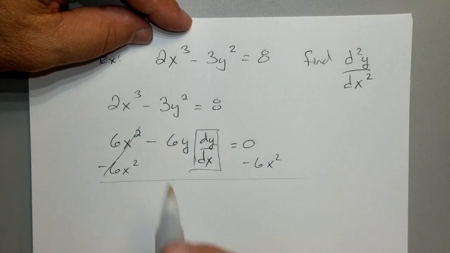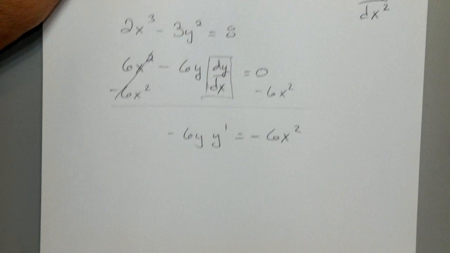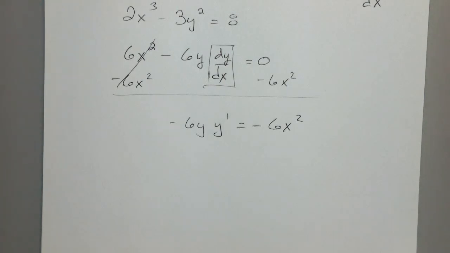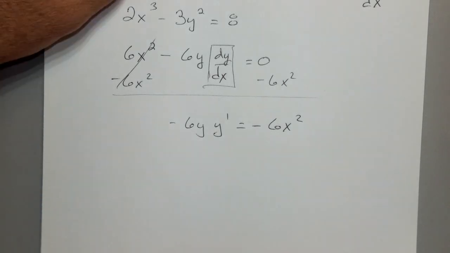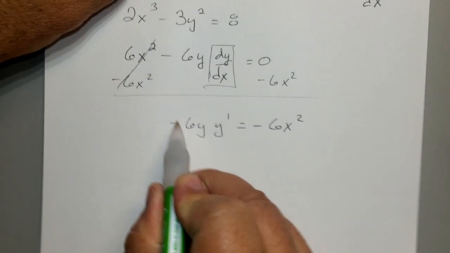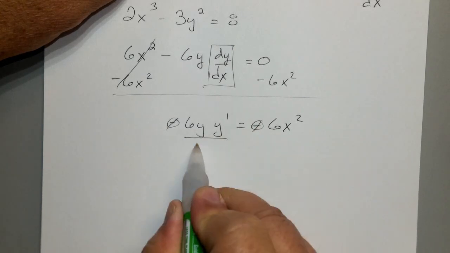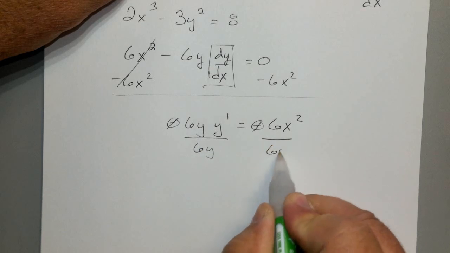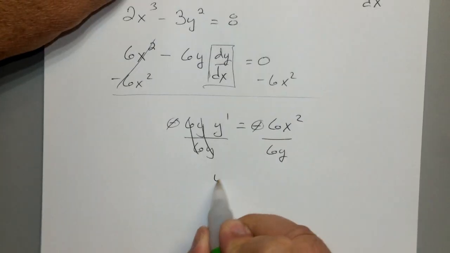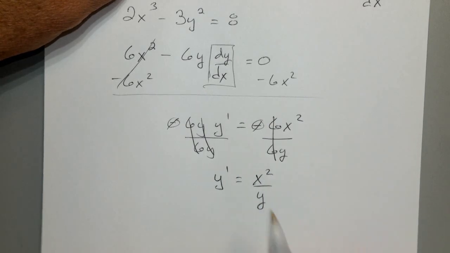Subtract 6x squared from both sides. Sorry for this. Change the signs. They're both going to be positive. Divide by 6y. X squared over y.